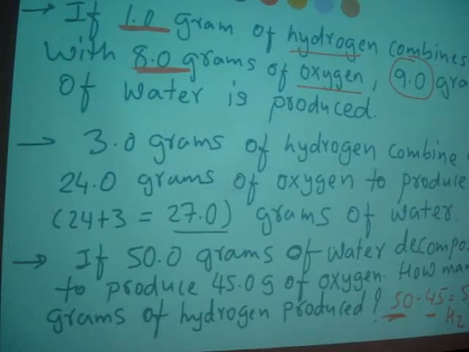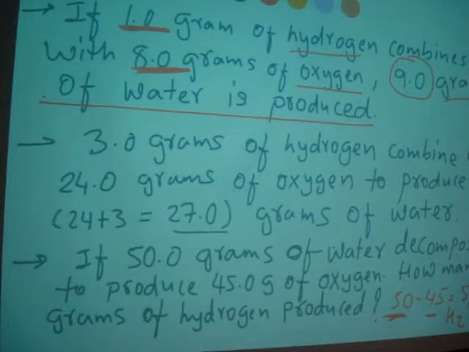So you expect that 9 grams of water is produced based on conservation of mass. Mass is never created nor destroyed. The mass of the reactants before and after the chemical change should be equal.